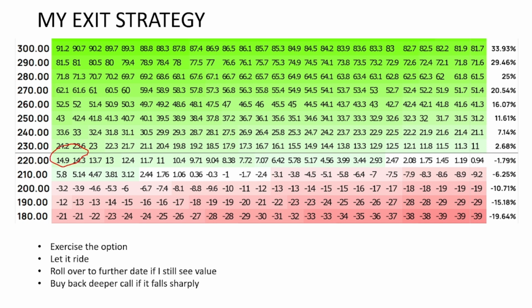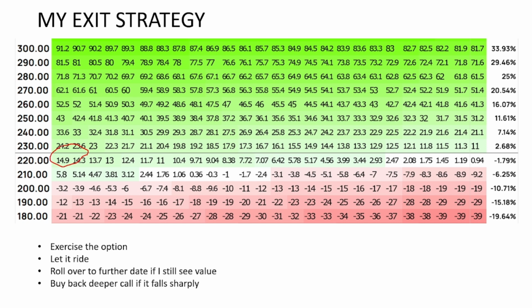But if it falls further, let's say some event happens and the stock falls 40%, in that case I will roll the option, add some more money, and go deeper into the money. Right now my call is 120, I may go to an 80 call, and because I trust the company, if the stock rebounds, I'll make money in that case.